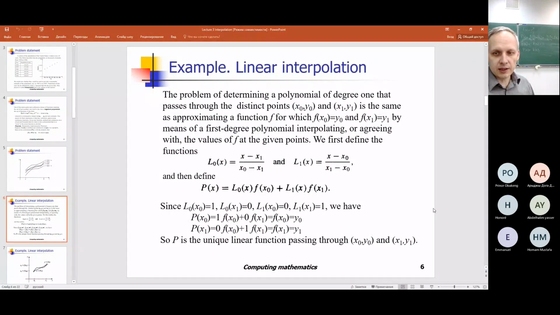Well, exactly the same is written here in my presentation, that p of x0 equals f of x0, p of x1 equals f of x1. And p is a unique linear polynomial passing through two different points, x0, y0 and x1, y1.